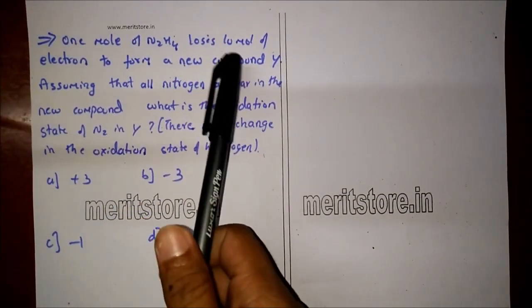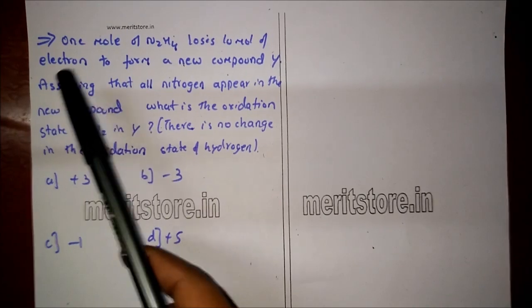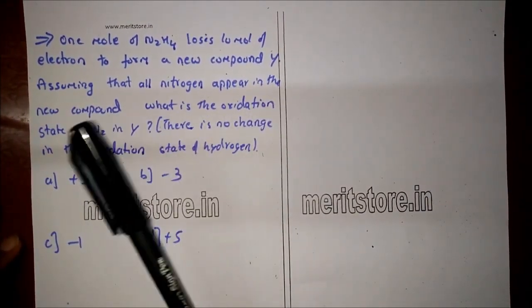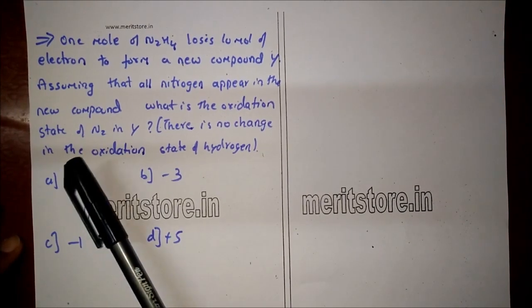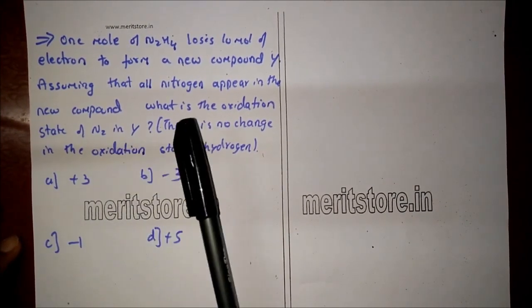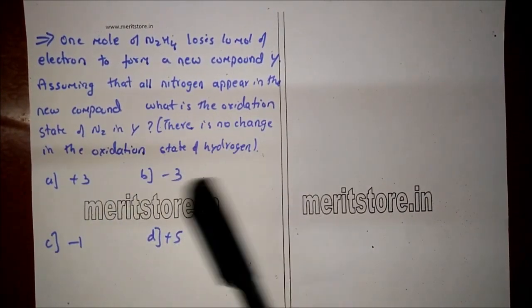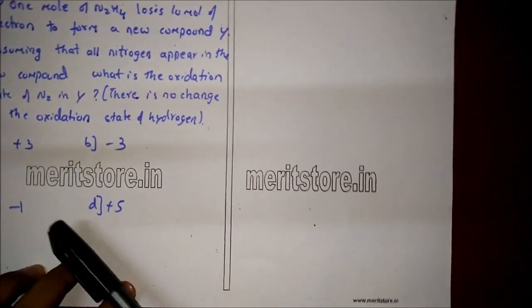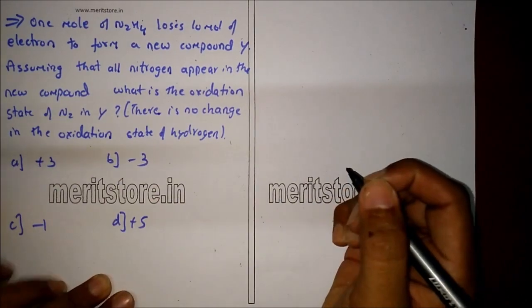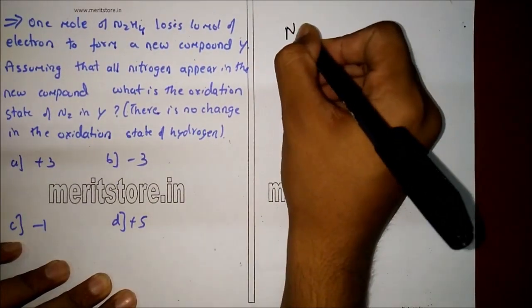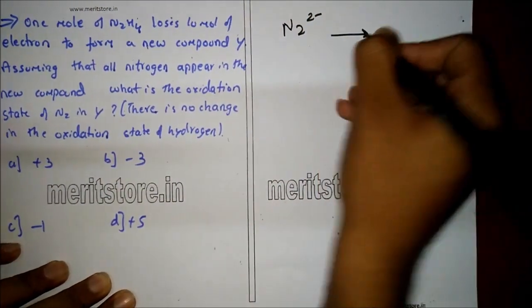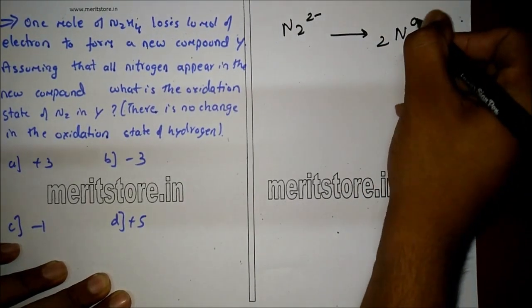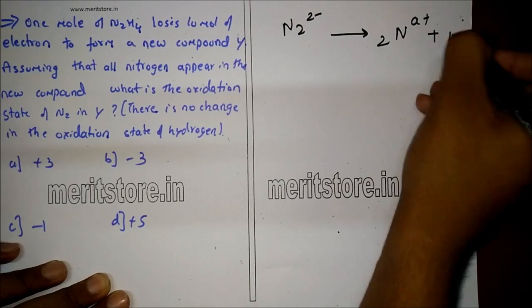1 mole of N2H4 loses 10 moles of electrons to form a new compound Y. Assuming that all nitrogen appears in the new compound, what is the oxidation state of N2 in Y? There is no change in the oxidation state of hydrogen. Either it is A plus 3, B minus 3, C minus 1, or D plus 5. Now, N2, the product, N2 2 minus, loses 10 moles of electrons to form a new product, which has a formula of NaHb plus 10 e negative.